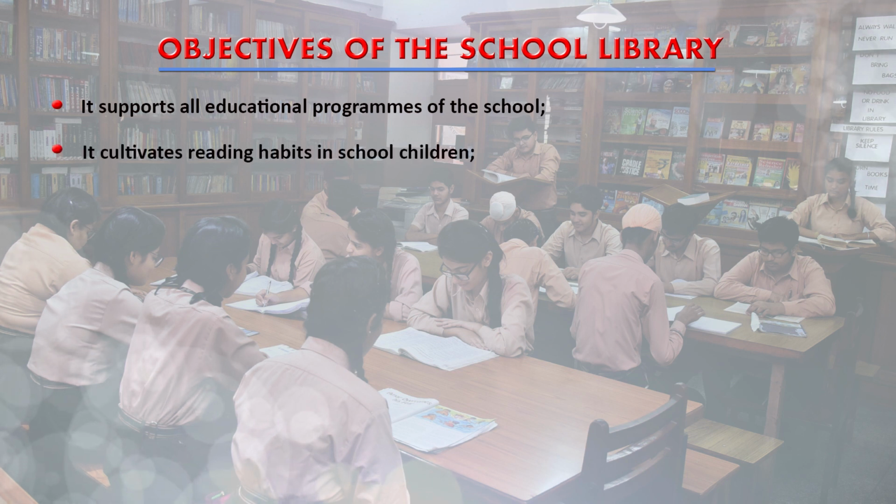The next important objective of the school library is to cultivate reading habits in school children. That is very important, because habits once made are there forever with an individual. So, these school libraries help in inculcating reading habits among the children.